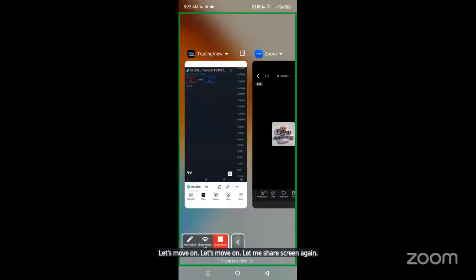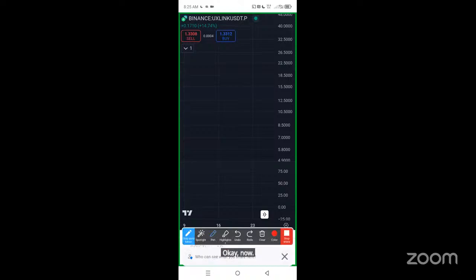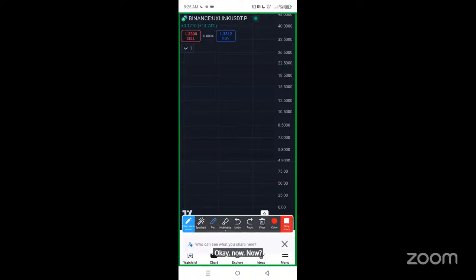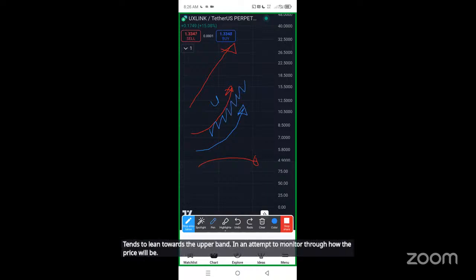Okay. Now, in an uptrend market, the upper band deviates away from the lower band, right? But the middle line tends to lean towards the upper band in an attempt to track how the price will be moving.